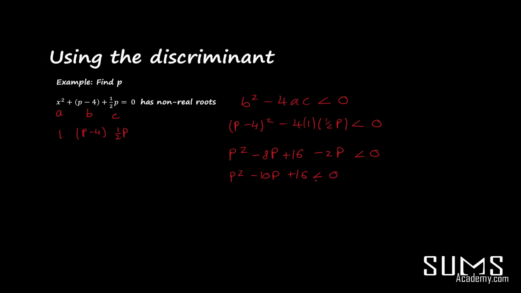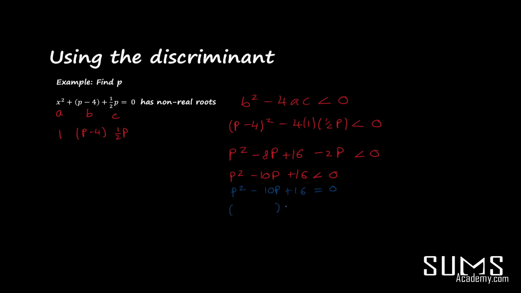To know when it's going to be less than 0, sometimes it's easier to figure out when it is 0, and then we can know when it's going to be less than 0. So I'm going to change this, in a different color just to make my point. Instead, we're thinking about p squared minus 10p plus 16 equals 0. Well, we can just factorize this.